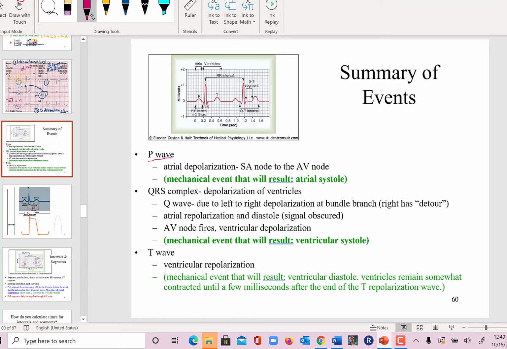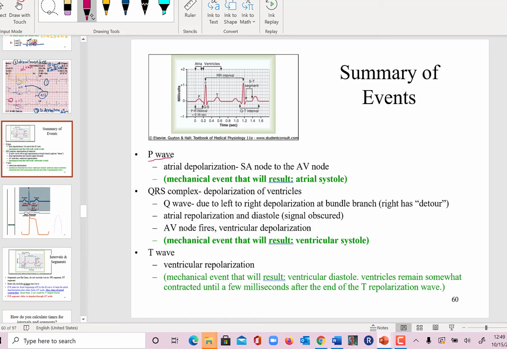What about the QRS complex? That represents depolarization of the ventricles. We have learned in the earlier video, it represents cardiac vectors 2, 3, and 4. Cardiac vectors 2 and 3 represent the IV septum depolarizing, with the left part of the IV septum depolarizing more quickly ahead of the right side of the IV septum.